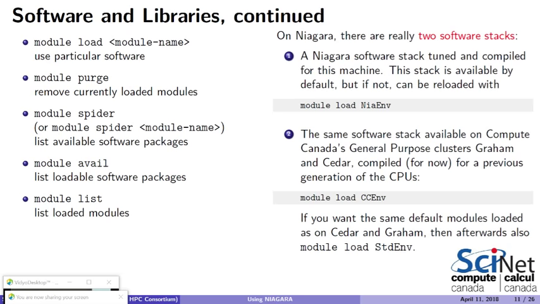If you log in there, you get some default compiler, a default MPI, and some other utilities, and to get rid of them, you have to module purge yourself. So it's the opposite way. If you want those default modules that you had in the other systems, after you load CCEnv, you load their standard environment, StdEnv. Both of them would be necessary to get the identical experience from the other systems. So this is possible.